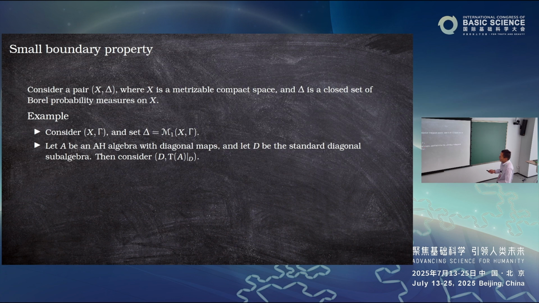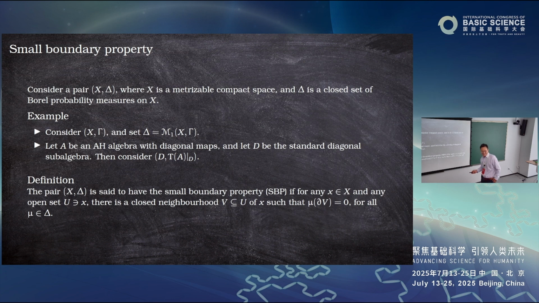Just look at this commutative subalgebra and look at the traces that come from the big, ambient algebra. Then automatically you have such a pair of space and measures.